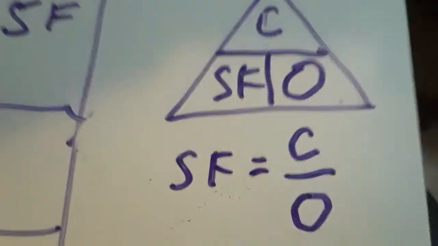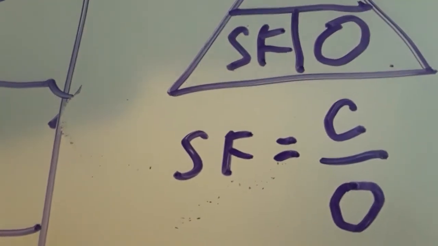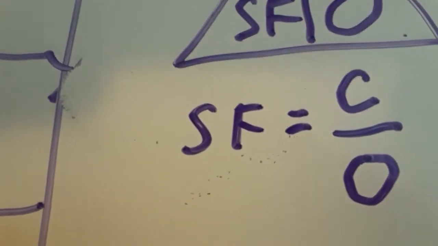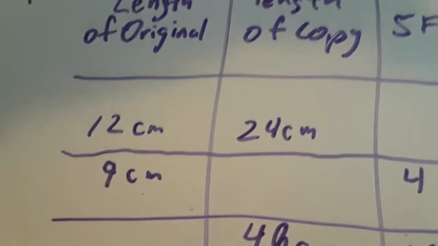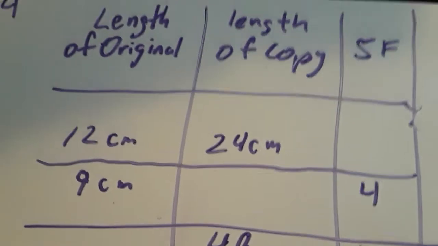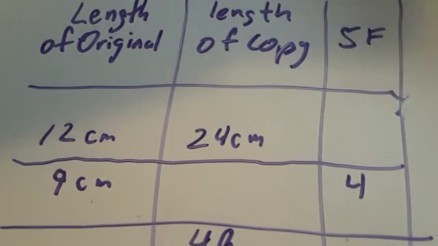So what we want to do here is first address the chart questions where we do not know the scale factor. If you look at the very first question, we are given the length of the original and the length of the copy.